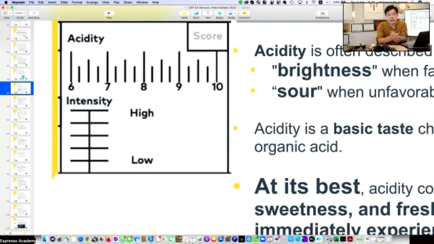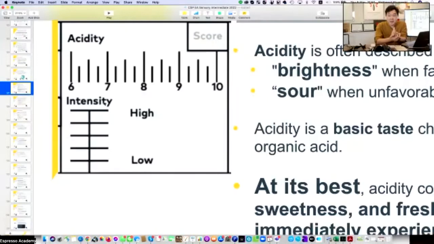You don't just say, okay, acidity 8, but low intensity. Why? It could be a low intensity of acidity with an 8.5 score, low intensity but very complex. You need to write that down. It doesn't always have to be high intensity to get a high score.